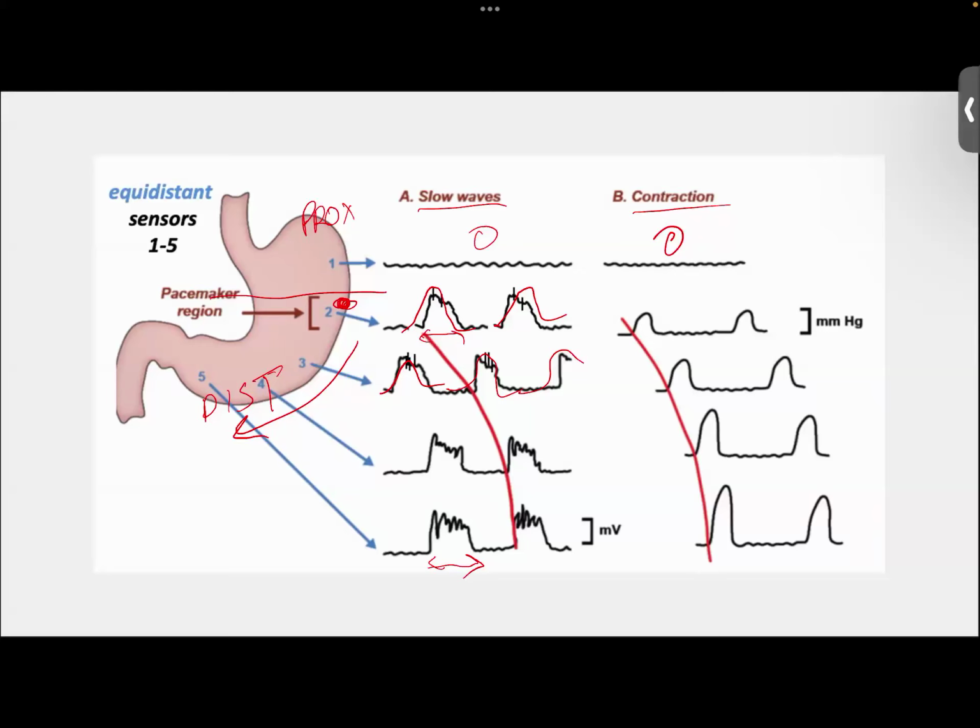Increase in speed and strength. Look, this is the contraction in the middle, and then as you get distal, it gets longer, and then in the antrum is the longest, right? So that's basically what I was trying to show you. The red line is basically just showing you, at this point, this is how much contraction there is. So the contraction increases as you go distally, and that's what it's trying to show you here.